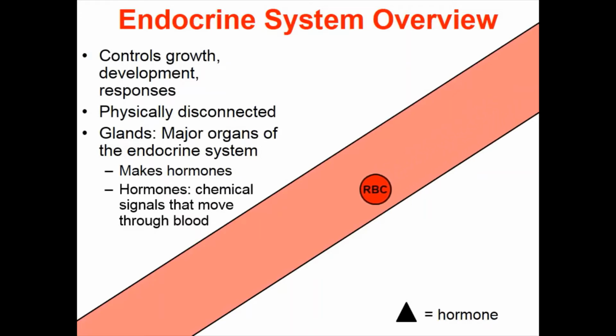So all glands release hormones, and hormones are the chemical signals that move throughout our blood. And so our endocrine system releases hormones that travel through our blood and ultimately will end up at a target cell. And the hormones will direct that target cell to respond in some kind of way depending on the hormone.